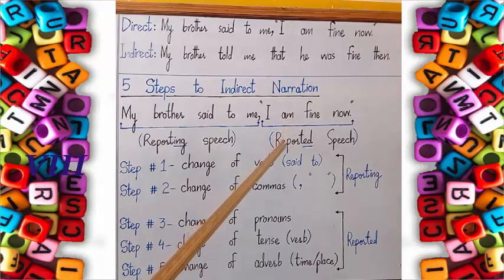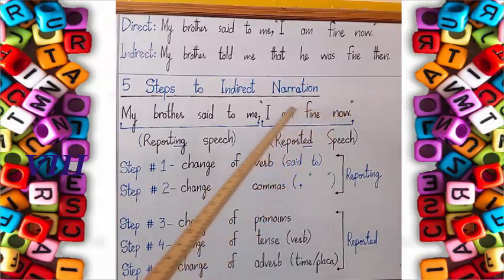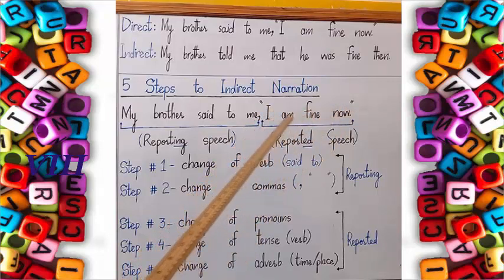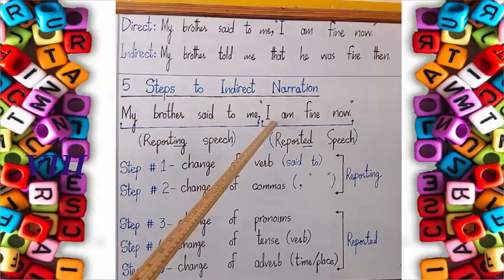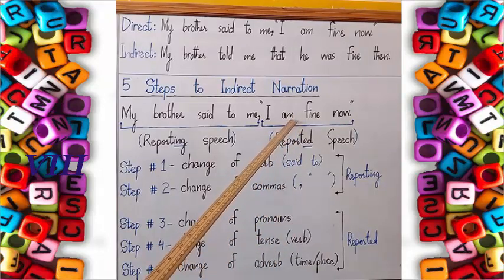What are these three changes? Change of pronouns. Whatever pronoun is given here inside these inverted commas, we make changes to these pronouns. Right now in this sentence, "I am fine now," there is only one pronoun in this sentence, "I." The next change we will make is change of tense. It says here, "I am fine." "Am" is used for present.